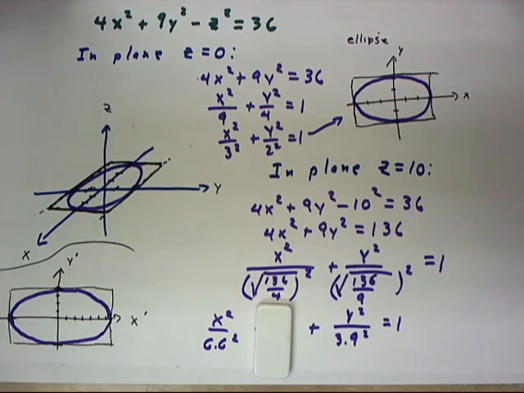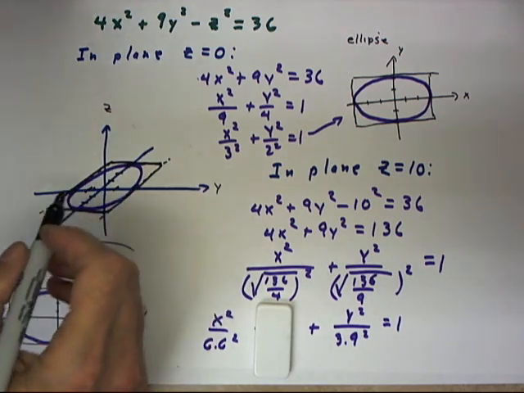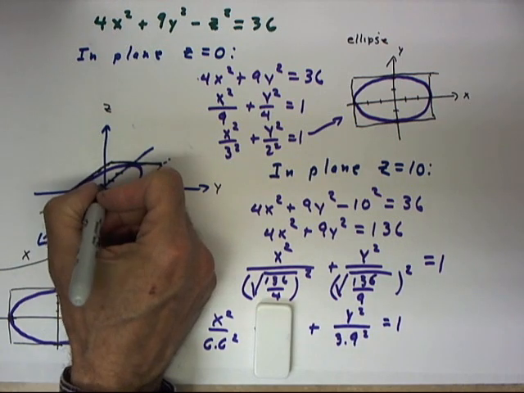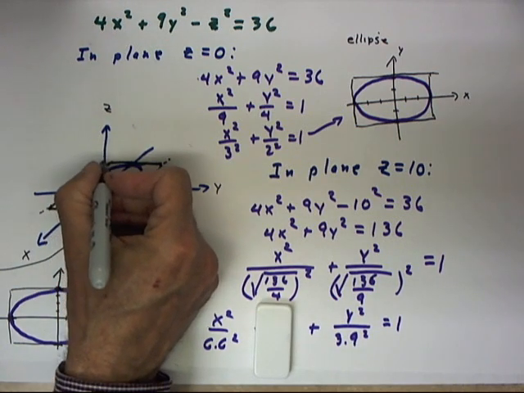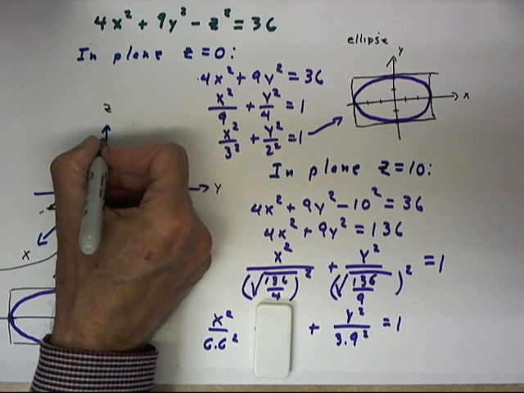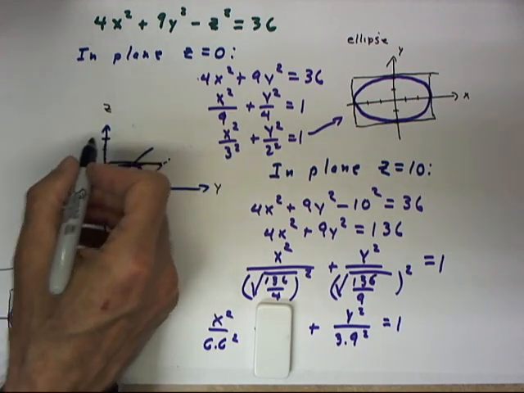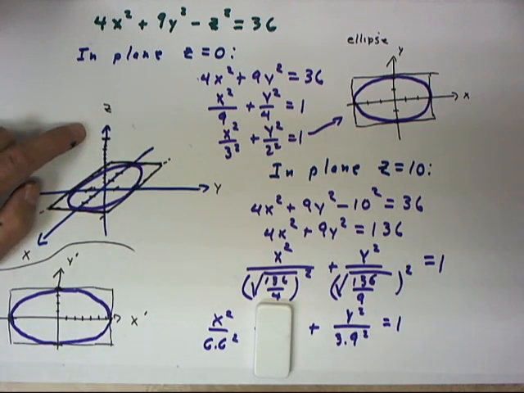And we can correct that when we come up to our three-dimensional picture. We're going to move up 10 units in the z direction to z equals 10. Now I'm going to have to kind of compress my z scale, but let's just say that this point here is the z equals 10 point.